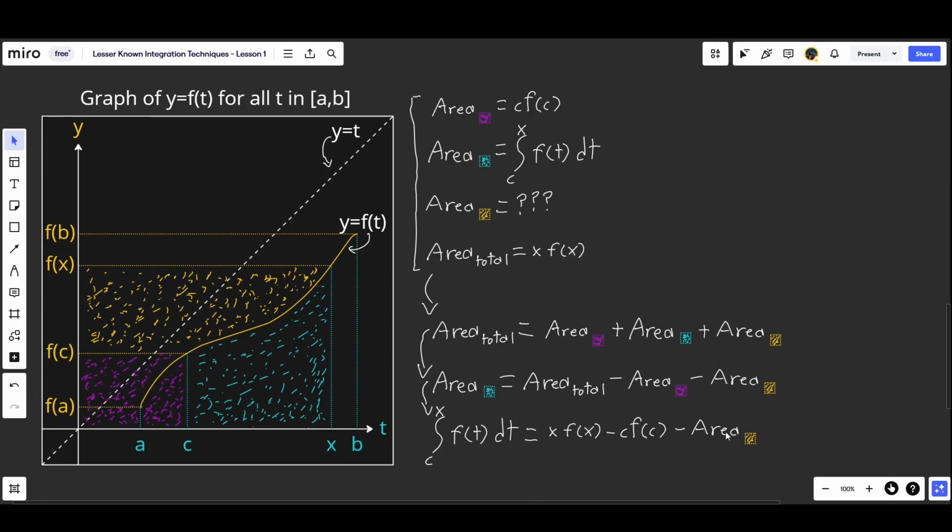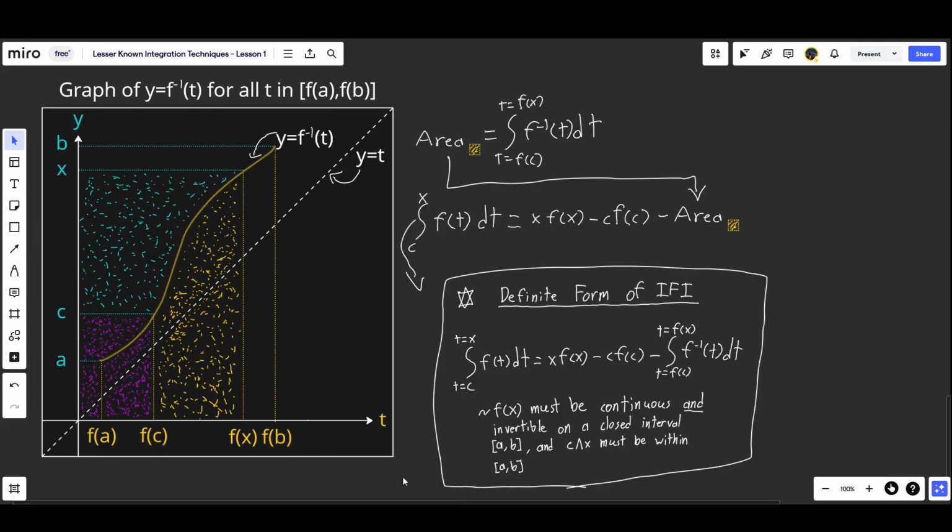Now, let's see if we could find the orange area through the inverse function of f of t. By flipping the infinitely many inputs of f of t within the closed interval a to b along the t-axis in the first graph, with the y-axis in this graph, and by flipping the infinitely many outputs of f of t within the closed interval f of a to f of b along the y-axis in the first graph, with the t-axis in this graph, we receive the inverse function of f of t, which is shown right here.